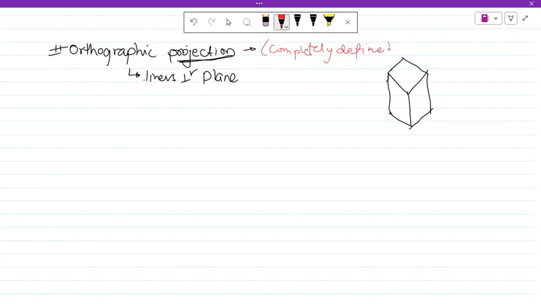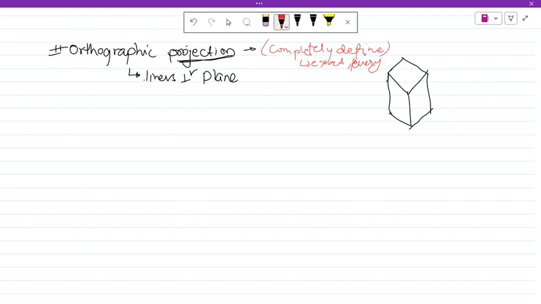So what is the complete definition of an object? It is if I can replicate it, or I can know the exact dimension and every dimension of the object. So there are two ways to know every dimension of this object.